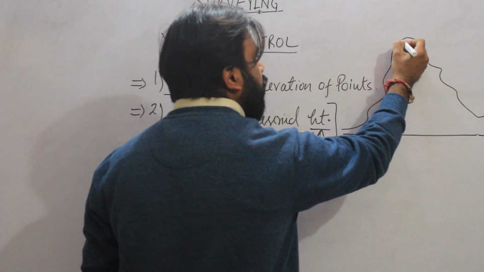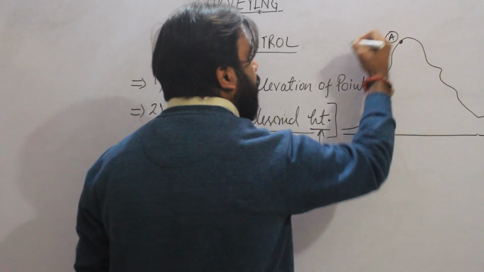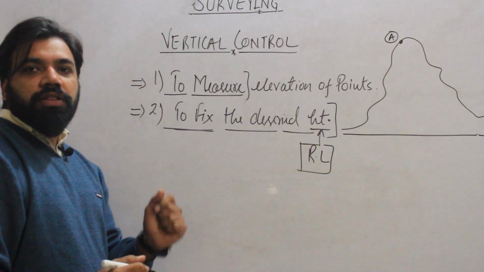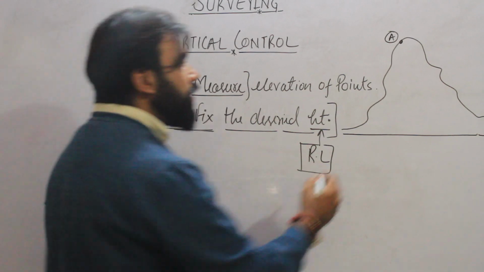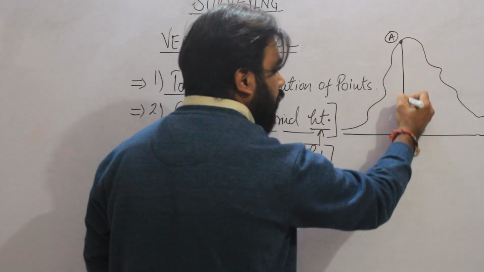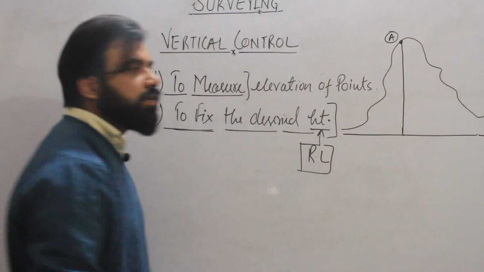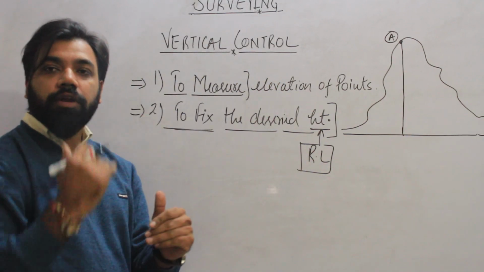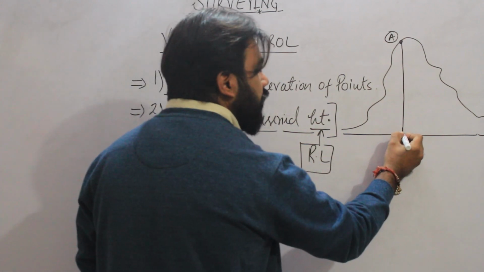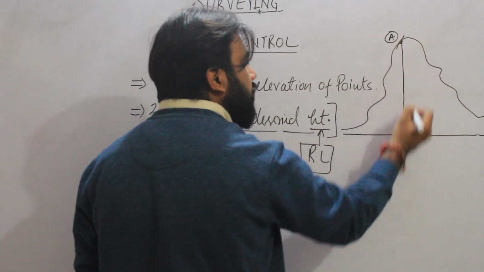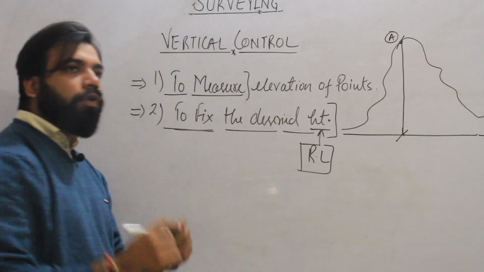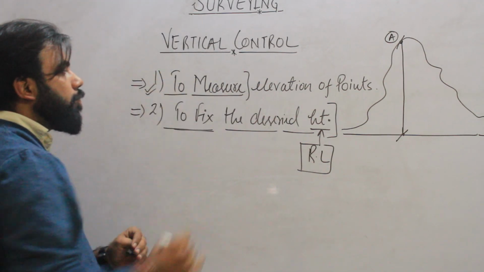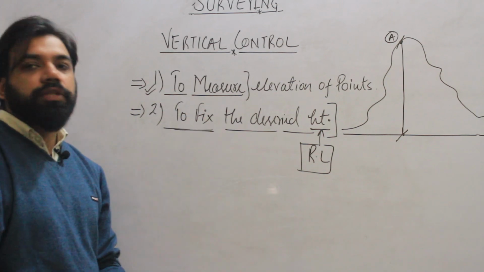Suppose here we have a point capital A, so we want to measure the elevation of this point from your reference. So this comes under vertical control. That means you are measuring the elevation of this point from some reference point. So this comes under vertical control, point 1: to measure the elevation of the points.